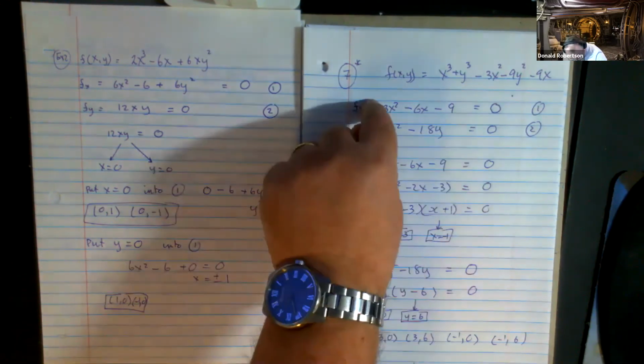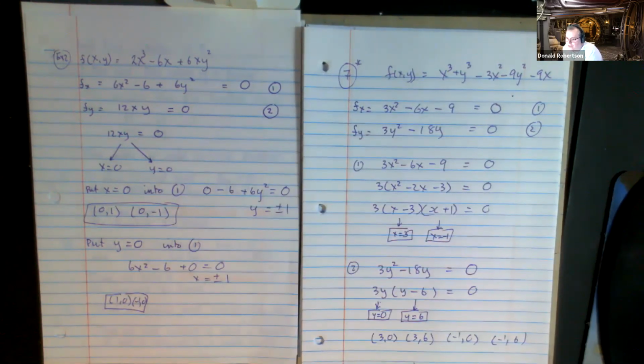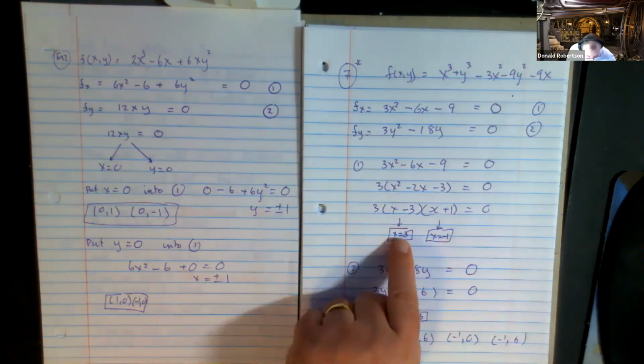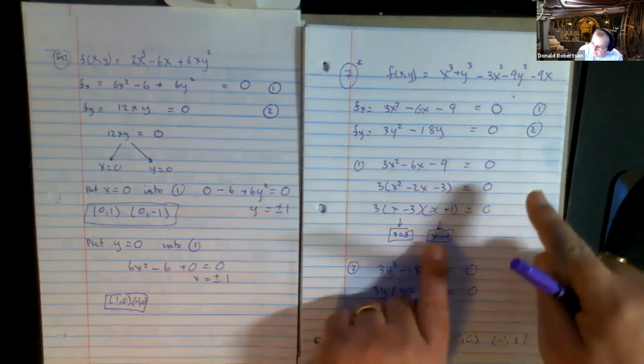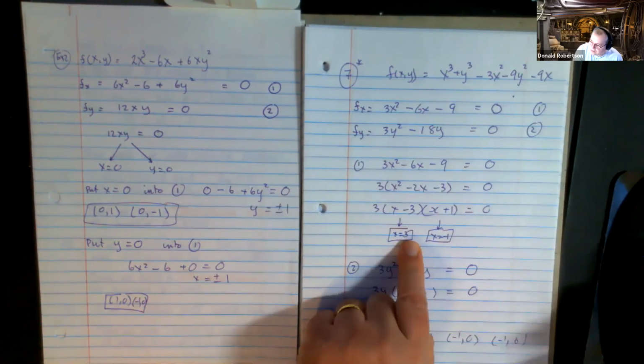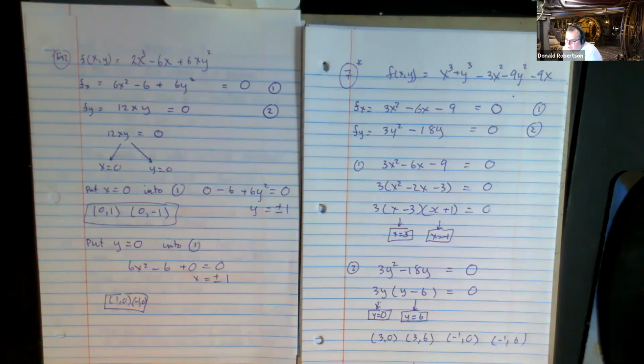But if this has some x's and y's in it and this has some x's and y's in it, then what you just said is exactly what you needed to do. You would plug x equals 3 in here and see what you would need to make it work. Maybe it'll work, maybe it won't, right? If it doesn't work, at least it would tell you what the y would need to be to make it work.